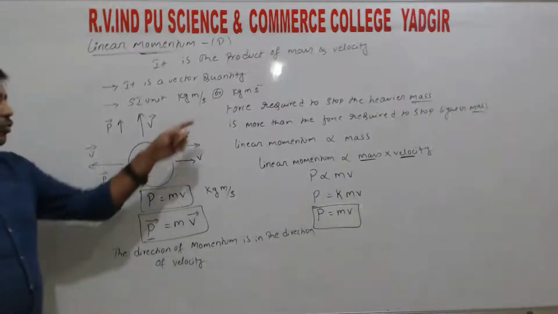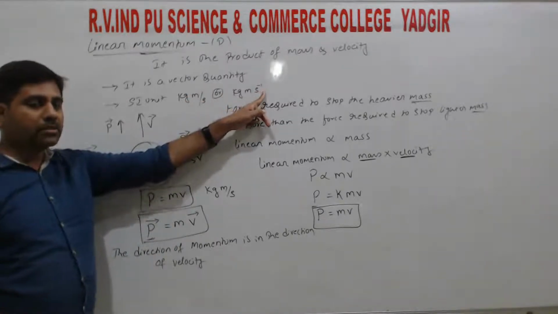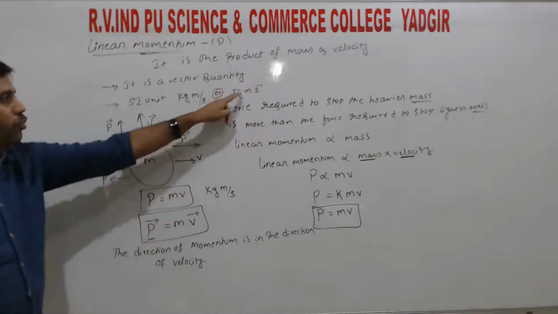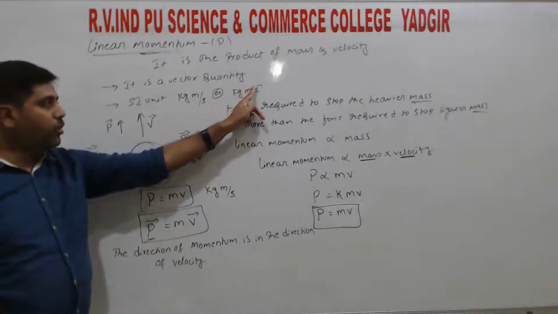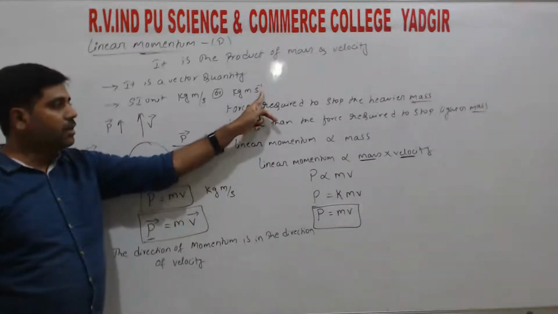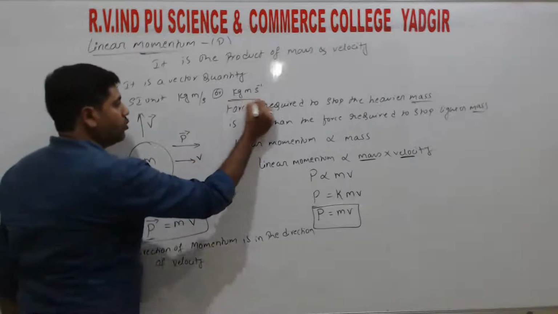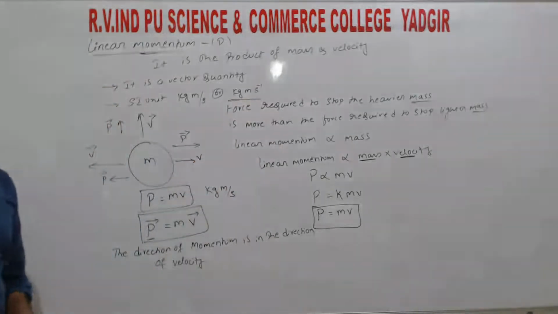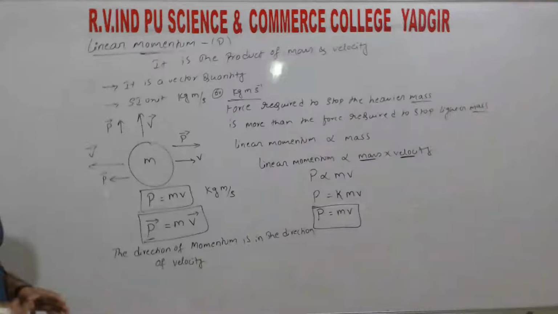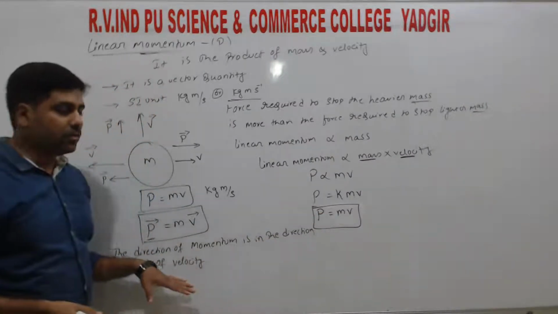If s goes to the numerator, it becomes s to the power of minus 1, so kg power 1 m to the power 1. So directly we can write kg meter and s to the power minus 1. This is the SI unit. Very important, the SI unit can be asked in any question. This is one more important relation.